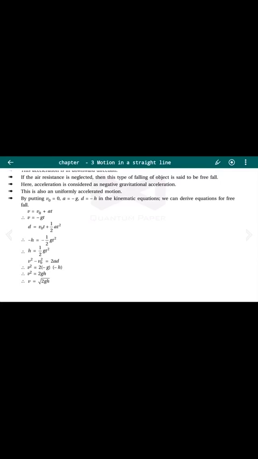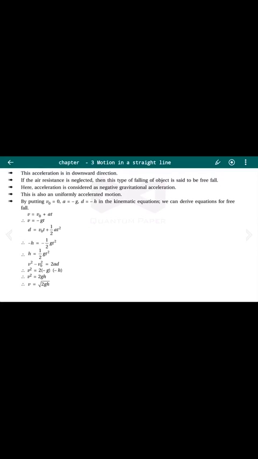Now the second equation, d equals v0 t plus half at square. In some reference books you may see it as x equals v0 t plus half at square, meaning distance or displacement can be denoted by x or d. Instead of d we write minus h, because here we are talking about the falling of the object along the y-axis, freely in the downward direction, for which we take the sign as negative, and the distance is taken as h.